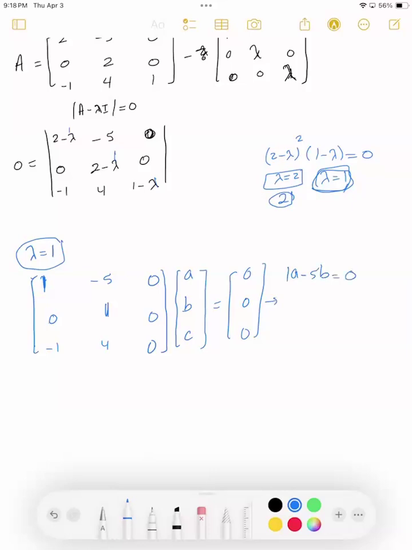I get 0a, 1b is equal to 0, and I get negative 1a, positive 4b is equal to 0.